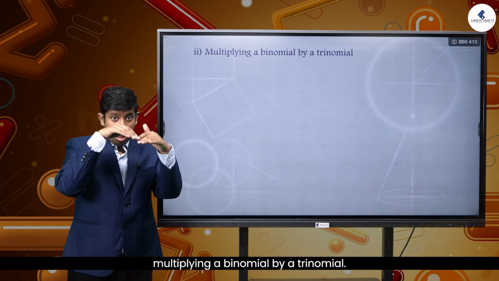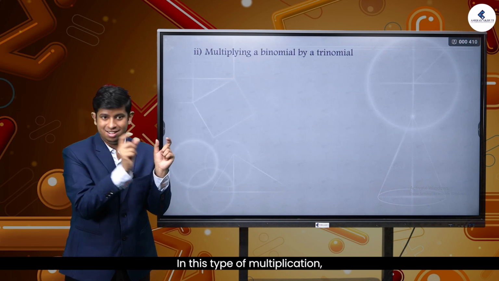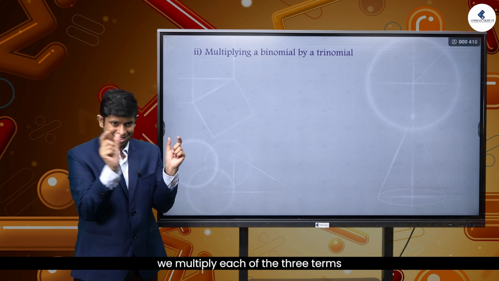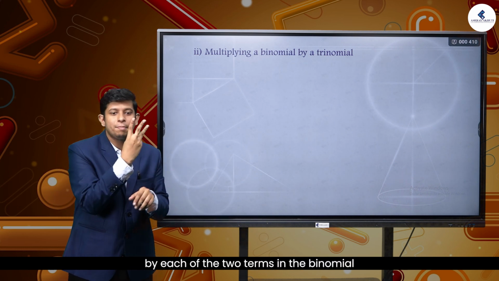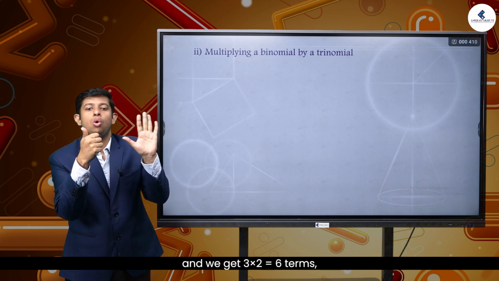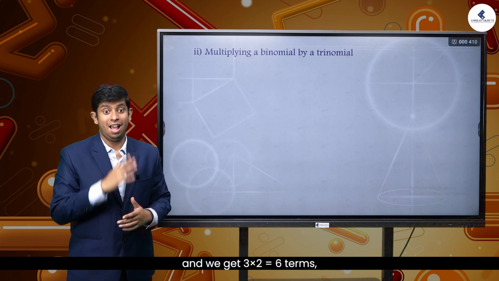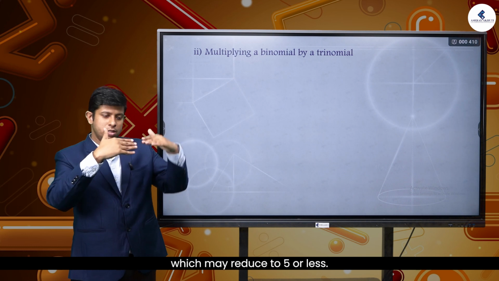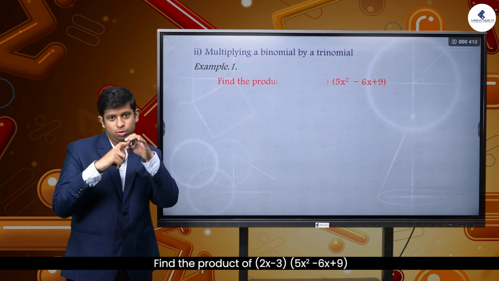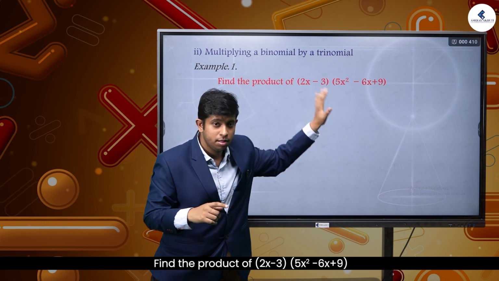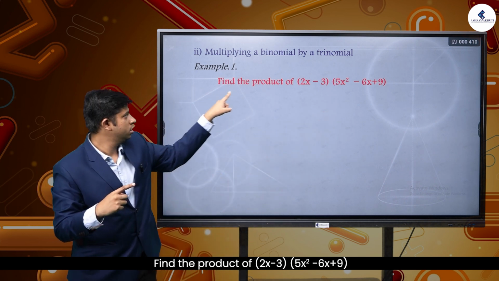Multiplying a binomial by a trinomial. In this type of multiplication, we multiply each of the 3 terms in the trinomial by each of the 2 terms in the binomial, and we get 3 into 2 is equal to 6 terms, which may reduce to 5 or less. Example, find the product of 2x minus 3 into 5x square minus 6x plus 9.